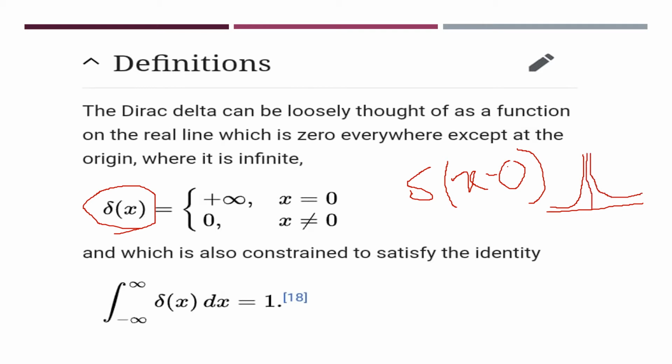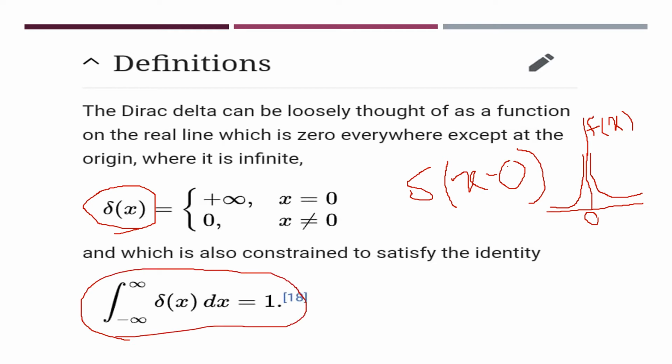If we draw the Dirac delta function, this is the origin and that is f of x, like this. This is the Dirac delta function, and one of its properties is that if we integrate the Dirac delta function over the whole space, then we will get 1.